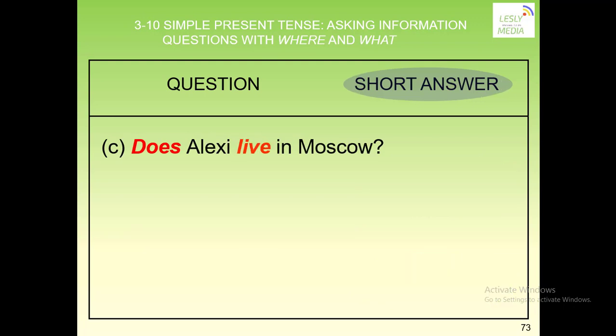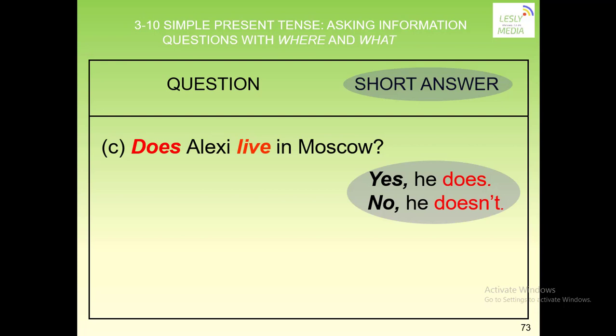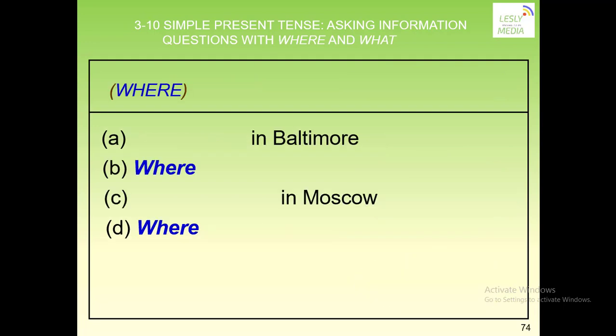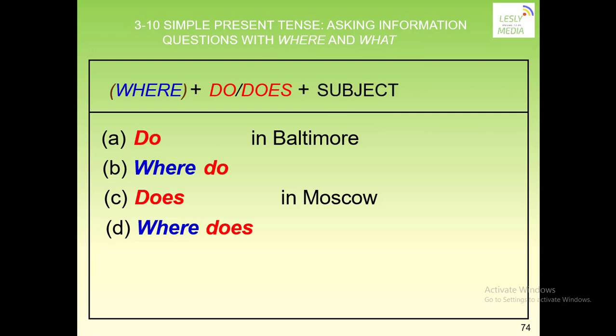Does Alexei live in Moscow? Yes, he does. Or no, he doesn't. Kalau jawabannya tidak. Where does she live? Di mana dia tinggal? In Moscow. So, here you will find that where plus do or does plus subject.